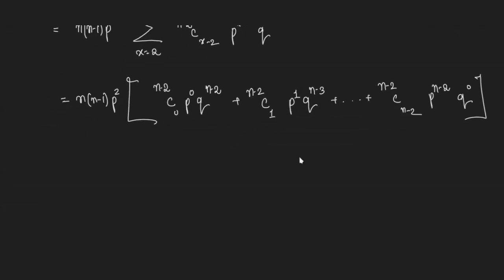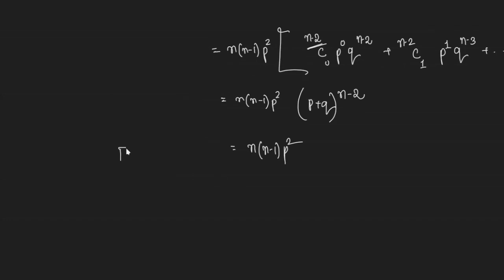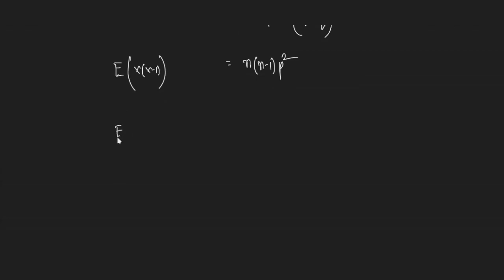So this is again a binomial expansion, which gives (p plus q) to the power n minus 2, and p plus q is 1, so it vanishes. So this is n into n minus 1 p square. Now remember, this is the value of the expectation of x into x minus 1.